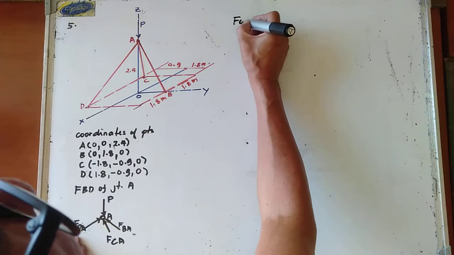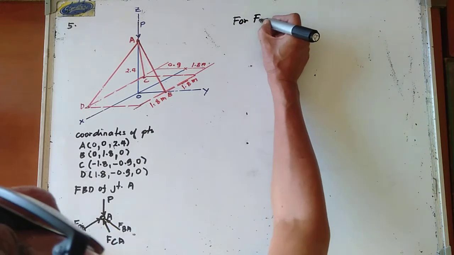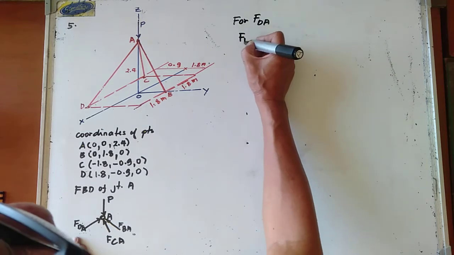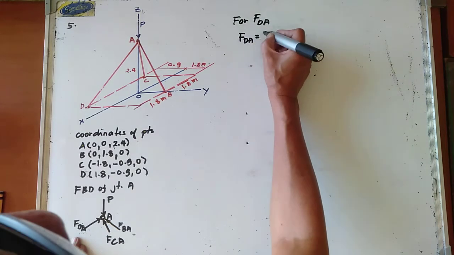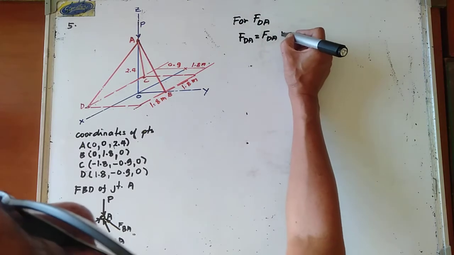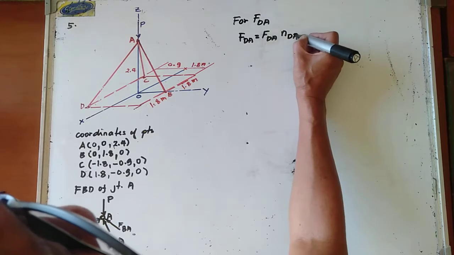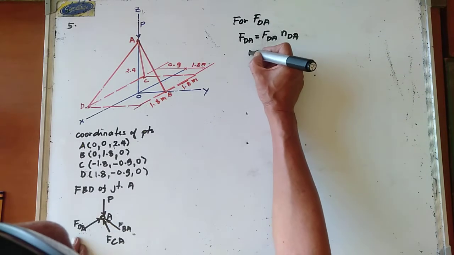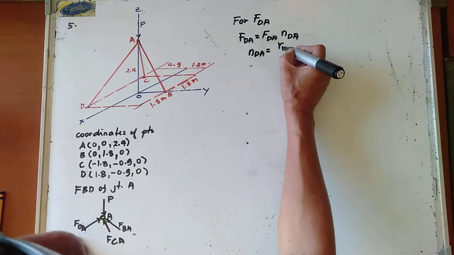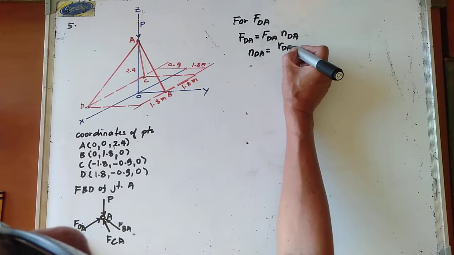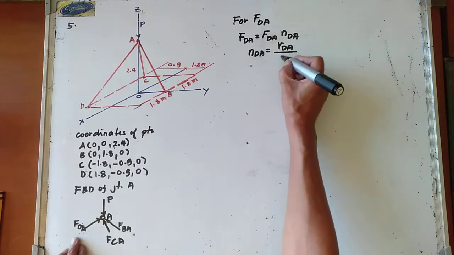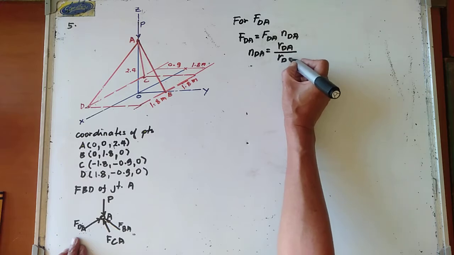Now, for FDA. So, in Cartesian vector form, this is equal to its magnitude times a unit vector dA. Again, your unit vector is a position vector directed from point D to point A all over its magnitude.